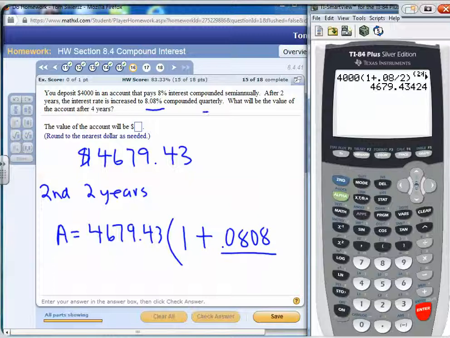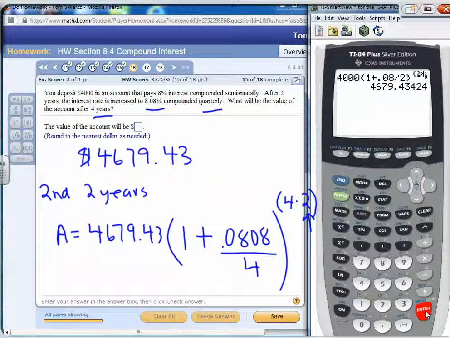Now it's compounded quarterly, so it's divided by 4, and raised to the 4 times 2 years. Remember, the total is after 4 years, but we already did 2 years, so there are only 2 years remaining. So now this formula will finally give us the value after 4 years.